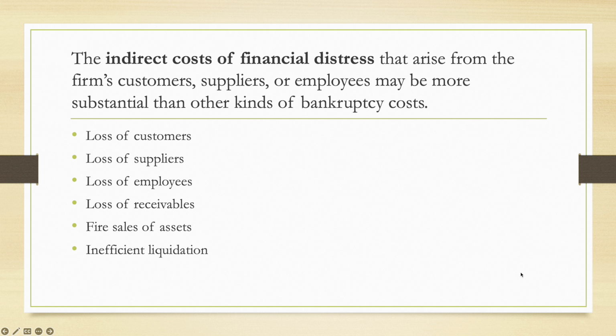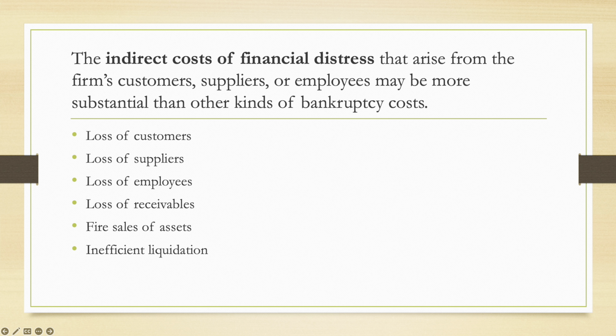6. Inefficient liquidation. Bankruptcy protection can be used by management to delay the liquidation of a firm that should be shut down. On the other hand, companies in bankruptcy may be forced to liquidate assets that would be more valuable if held.